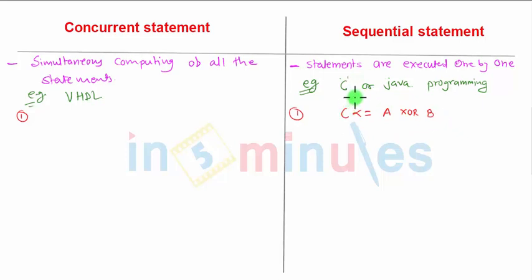In the first rows I set C equal to 0, A equal to 0, B equal to 0. By the time this line is executed, the right hand side operation, XOR between A and B, takes part and whatever the result is gets stored into C. So if A and B are 0, XOR between two zeros is 0, so C will be stored as 0.